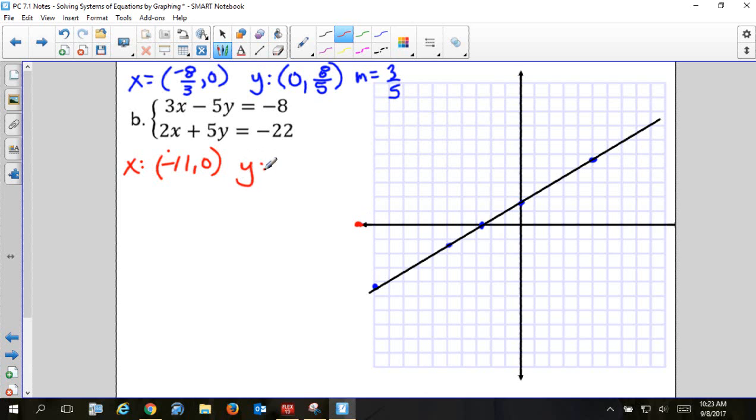My y-intercept is -22/5, which is -4 2/5 or -4.4. And I don't feel comfortable just connecting those, so I'm going to use my slope, negative 2 over 5. And I'm going to start from negative 11 because that one's exactly at a point. So I'm going to start at negative 11 and go negative 2 over 5.